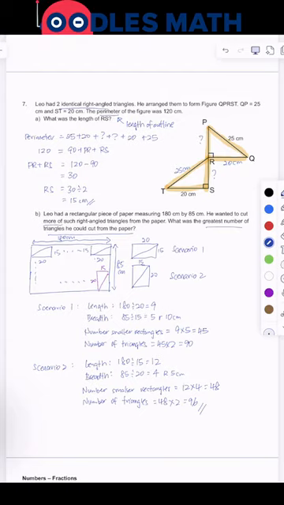Alright? And the second mistake that students will make is that they use scenario 1 and they are very happy and they stop there. They did not consider scenario 2, and therefore they don't know that the correct answer is actually 96. They can cut more triangles using scenario 2.